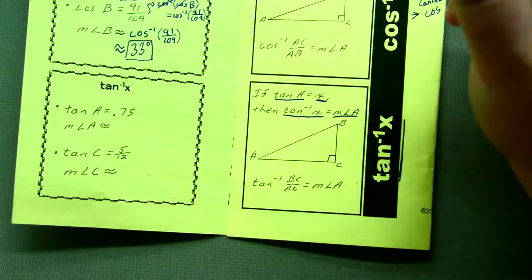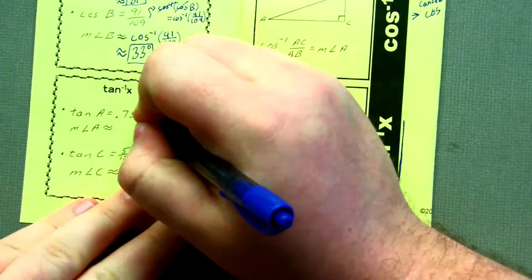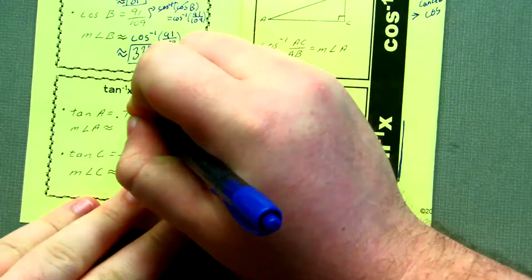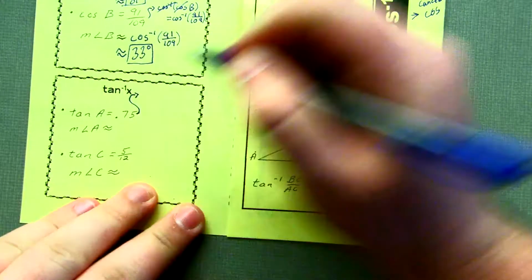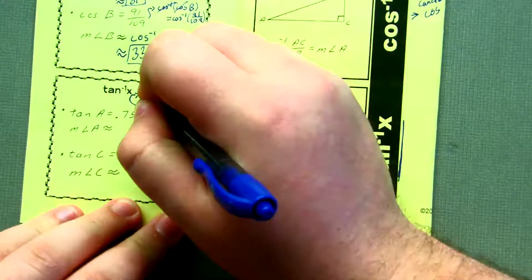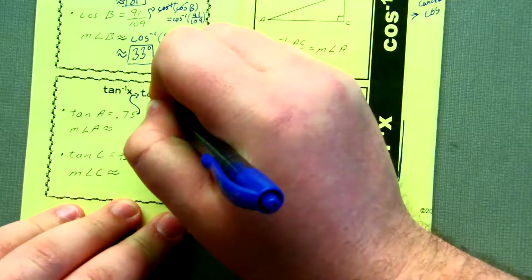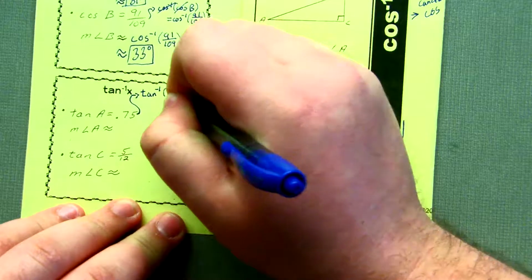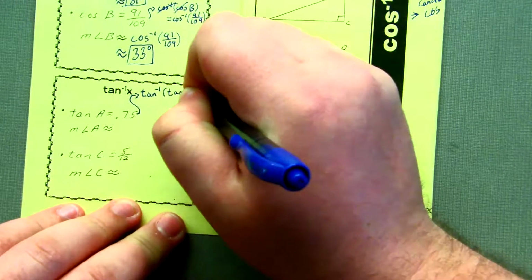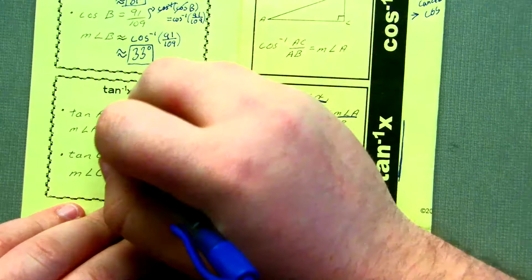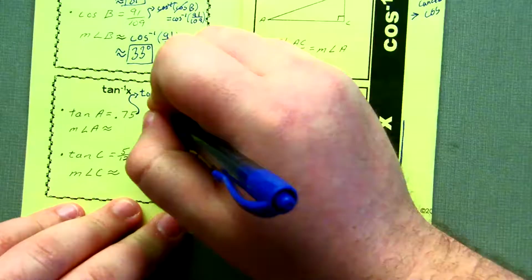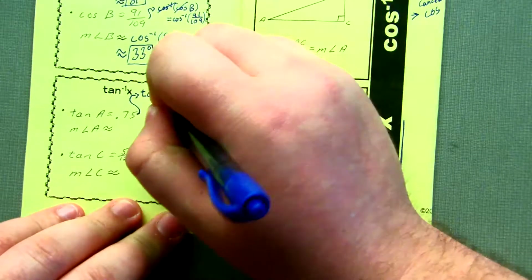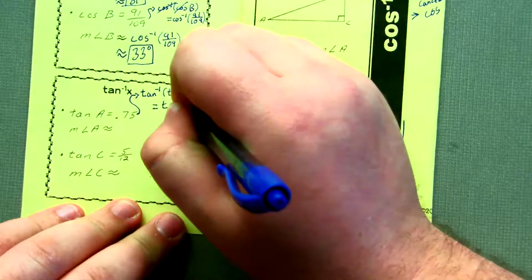Okay. We're going to do a couple examples here. Our first step is we inverse both sides. Since we're working with the tangent function in the beginning, tangent of A equals 0.75, we are going to use our inverse tangent.